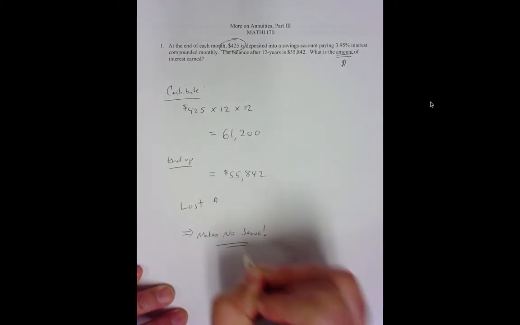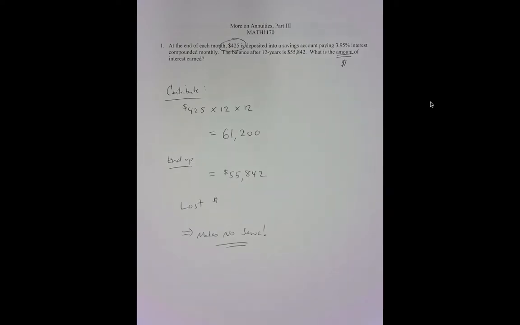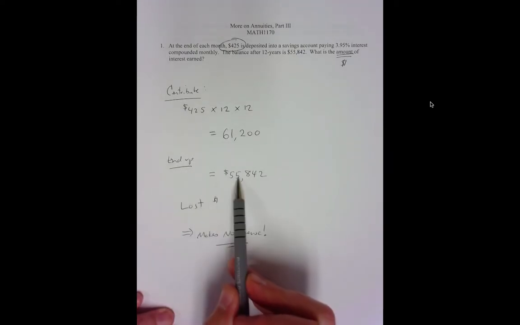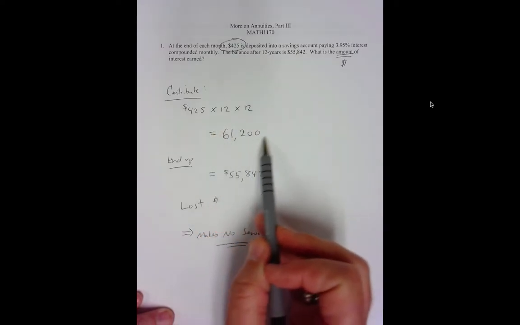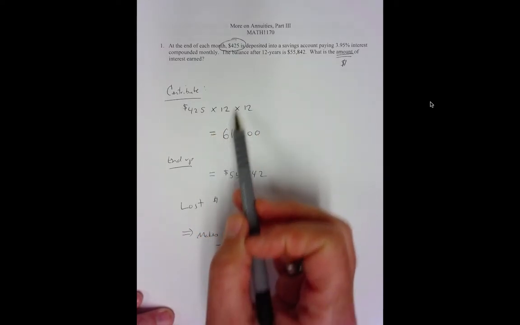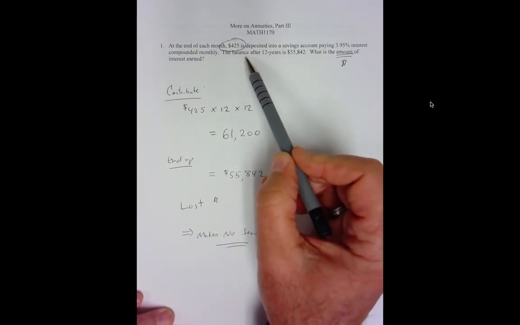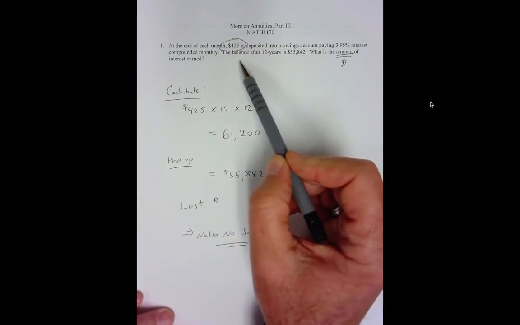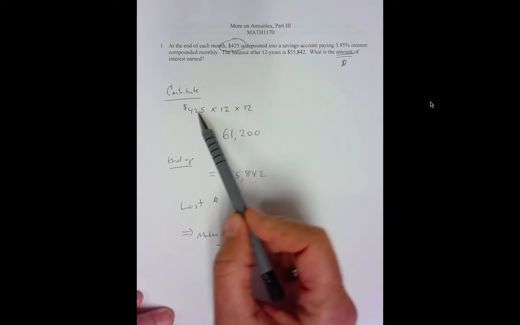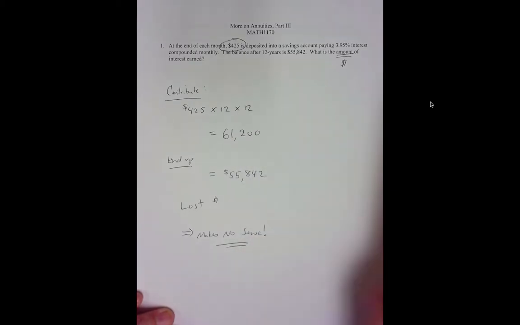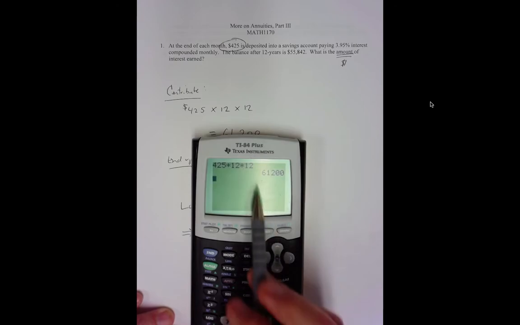So what you would do, you would think that with what you end up with, this $61,200, I'm kind of glad this happened in a way, and I kind of wish it hadn't. I need to check my numbers better, but if you contribute $425 a month for 12 years, you're going to have 61,200 unless I did something wacky there.